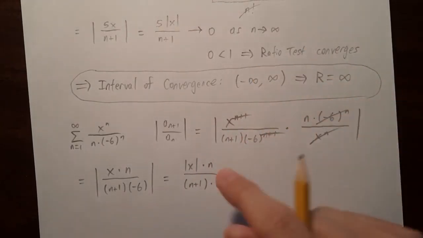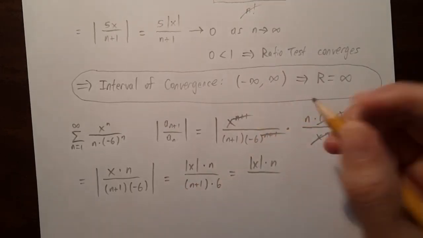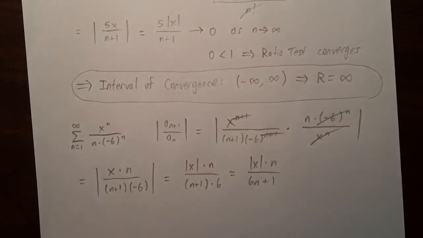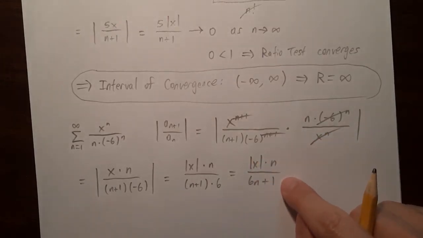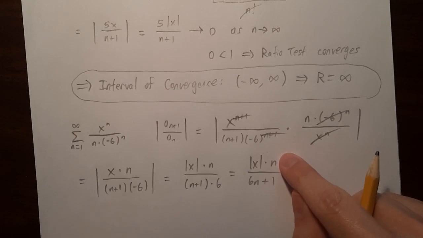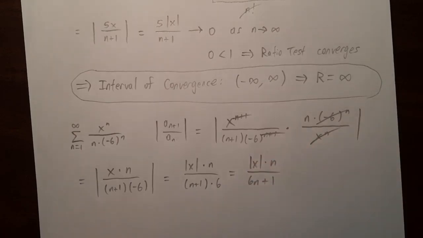Let me distribute through the denominator one more step real quick to make this very clear. I get 6n plus 6. And so as far as the variable n is concerned, we have a rational function, polynomial over polynomial. The top is a linear function in n. It just happens to have the weird-looking coefficient absolute value of x.